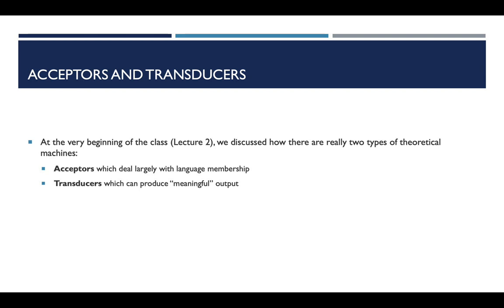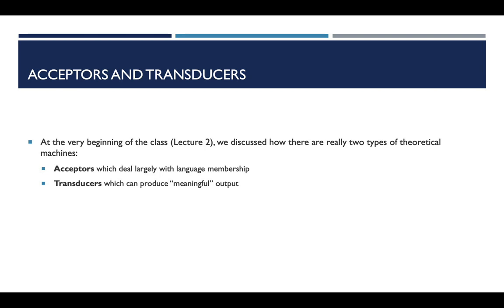So to finish up, if you think all the way back to the second lecture in the class, we talked about how in the wide world of theoretical machines, there are really 2 different types of machines. There are acceptors, which we have been dealing with exclusively up to this point. Acceptors largely deal with language membership, and really what acceptors can give you is a Boolean value.